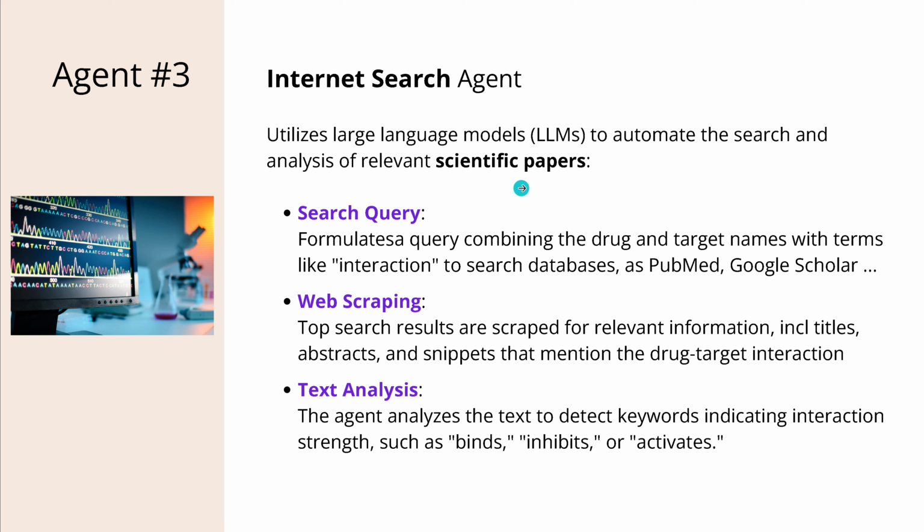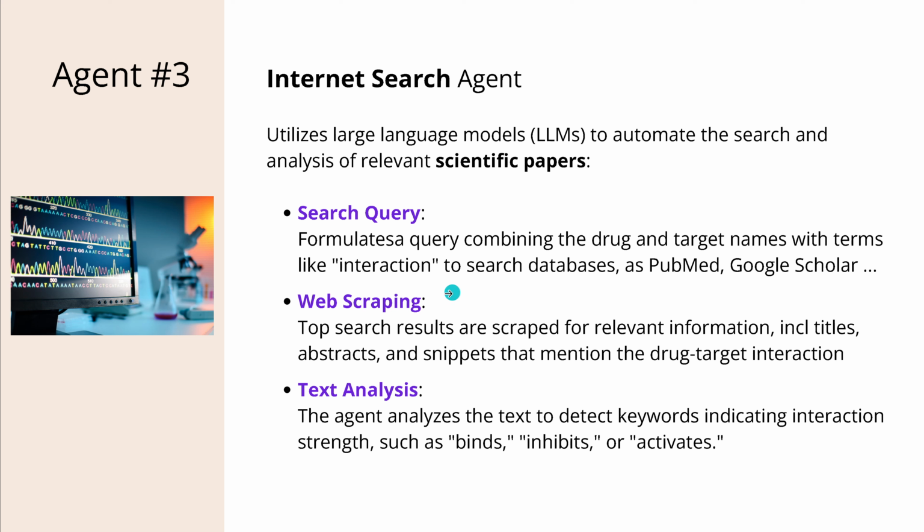You can go to any source of scientific papers that your university is paying for, and there we simply formulate a query combining the drug and the target name, and in the simplest case we search for a combination or interaction in those databases. Or if we have some other publication, this is where we have web scraping.